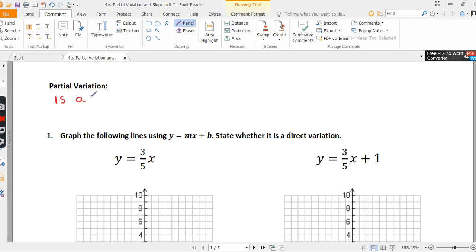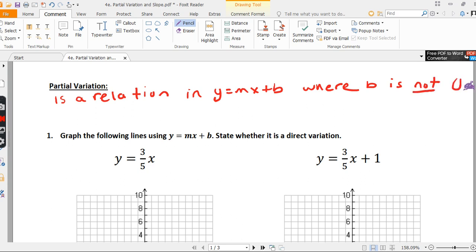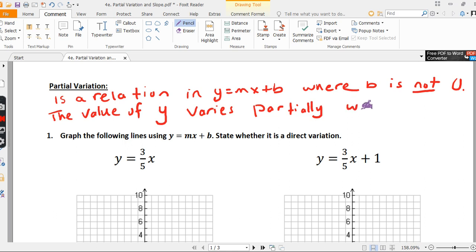Partial variation is a relation in the form y equals mx plus b, where b is not 0. It's called partial variation because the value of y varies partially with the value of x.